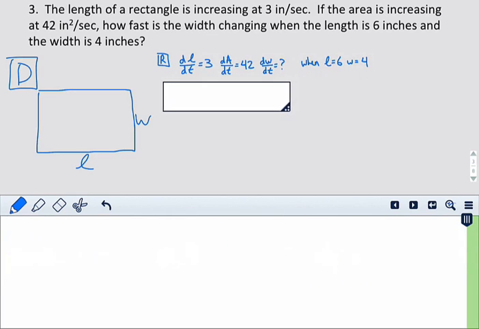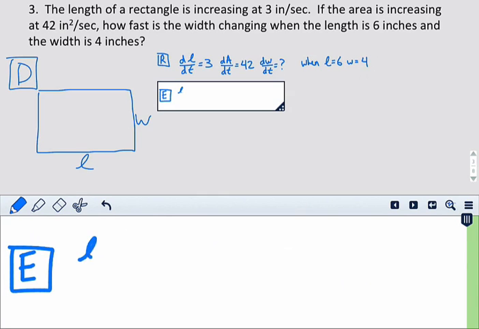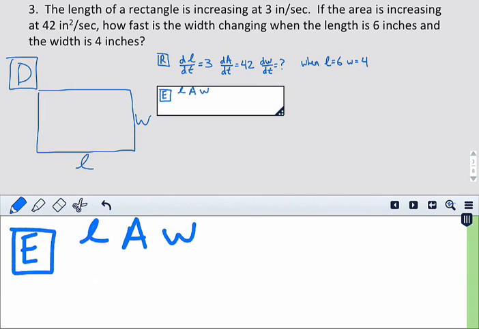All right, so what that means is we're going to need an equation in terms of L, A, and W. So an equation that has length, width, and area is actually the area formula for a rectangle. So area equals length times width, and that's really all we can do there.